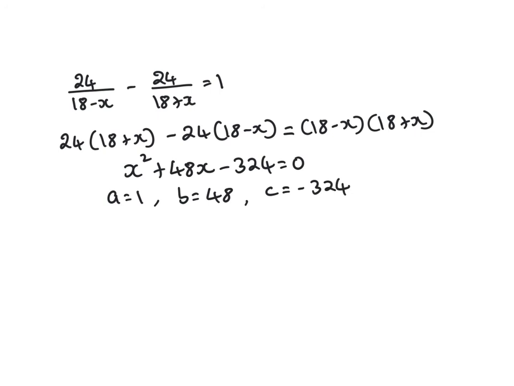Take these values of a, b, and c, use them in the quadratic formula, and you will get the value of x as 6 or negative 54. But since x is the speed of the stream, it cannot be negative. So we ignore the root negative 54. Therefore, x equal to 6 gives the speed of the stream as 6 kilometers per hour.